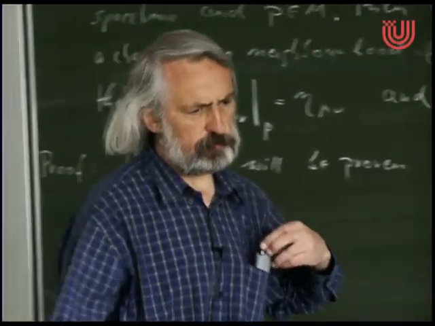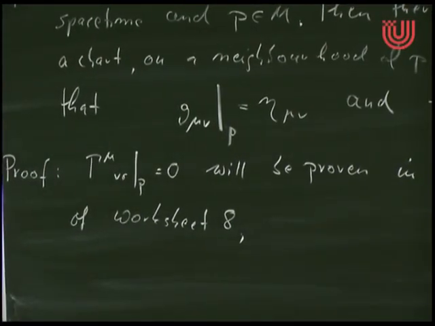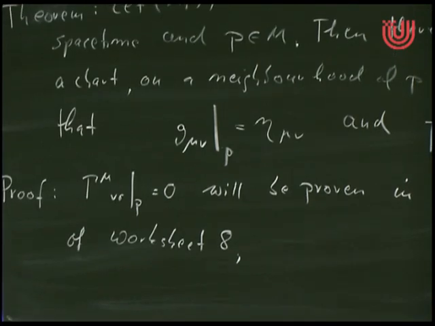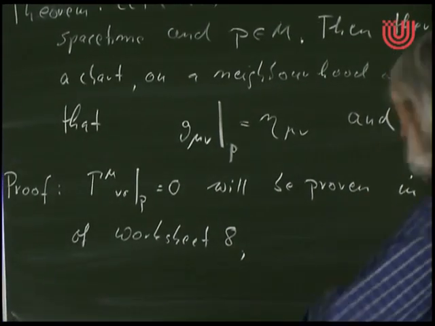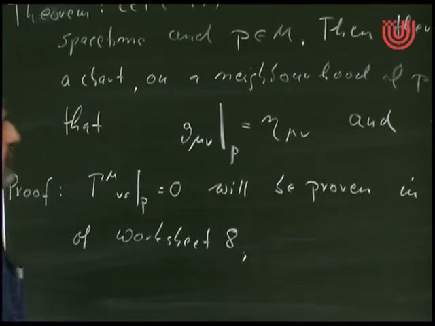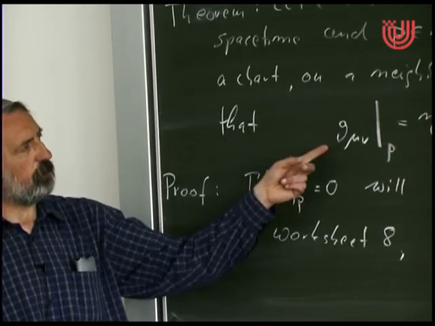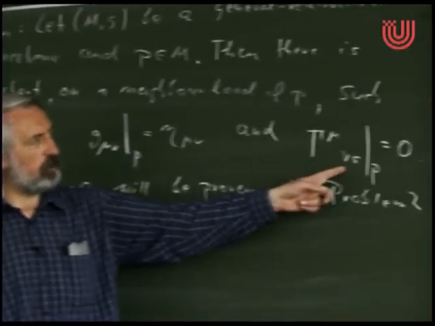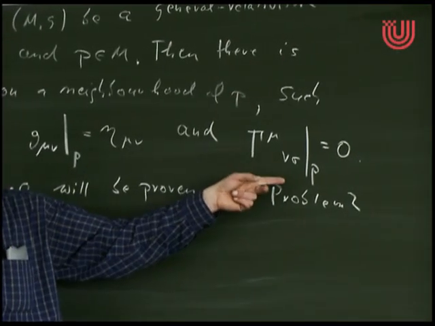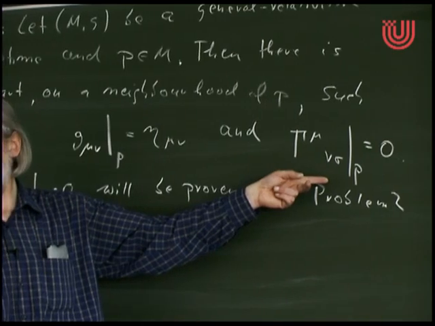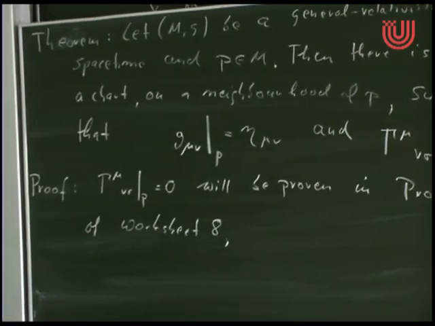I think it's problem 2. Let me check. Problem 2, worksheet 8, yes. And then the rest is trivial. If you have achieved this, then we only need a linear transformation in order to achieve this here. This will not spoil this, because under linear transformations, the gammas behave tensorially. So they transform homogeneously.